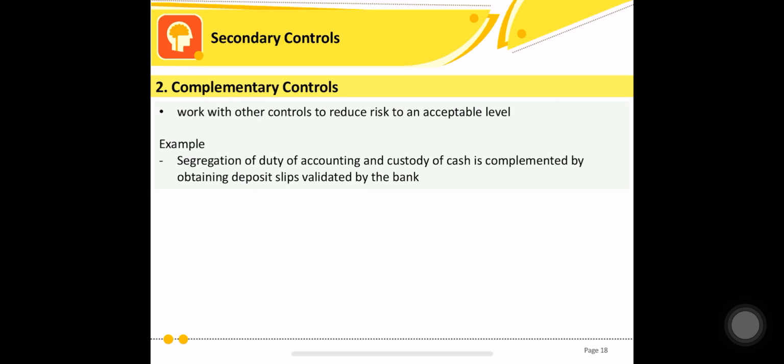So, as stated here, work with other controls to reduce risk to an acceptable level. And ang example dito, segregation of duty of accounting and custody of cash is complemented by obtaining deposit slips validated by the bank. Ngayon, ang concept kanina ni compensatory control or ni mitigative control, kapag ineffective si primary, ibig sabihin you have a secondary control na saving grace.